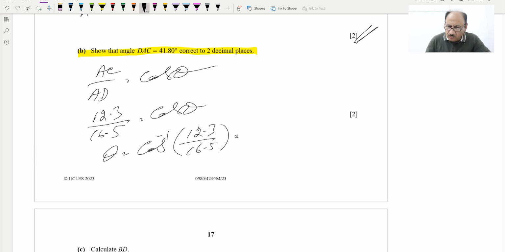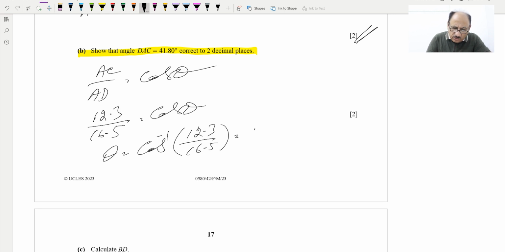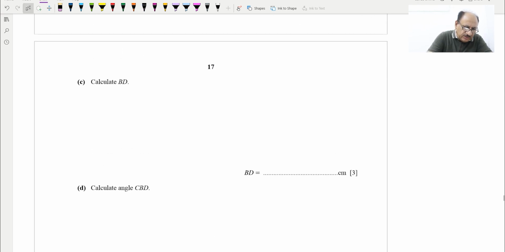This will be equal to shift cos of 12.3 over 16.5, and this results in 41.80 up to 2 decimal places. So 41.80 degrees. This will be angle for 2 marks. Hopefully you understand this. Next part C, they are saying calculate BD.